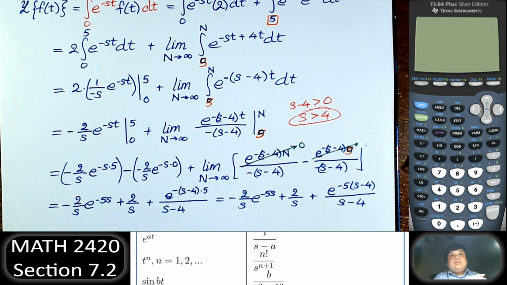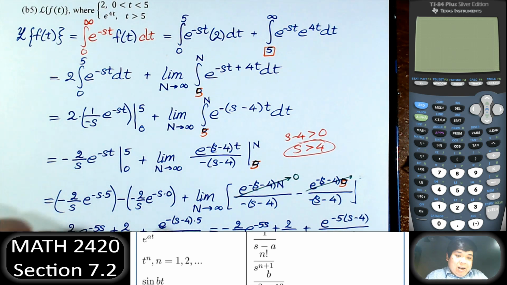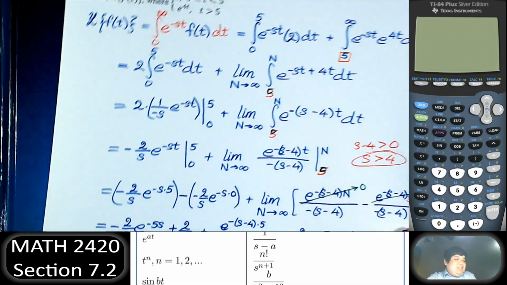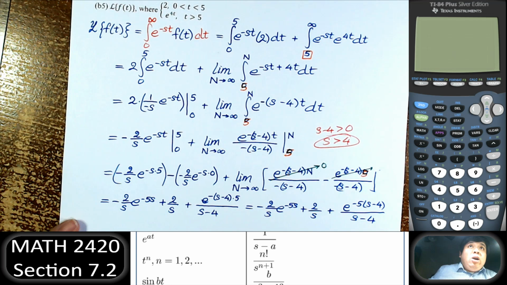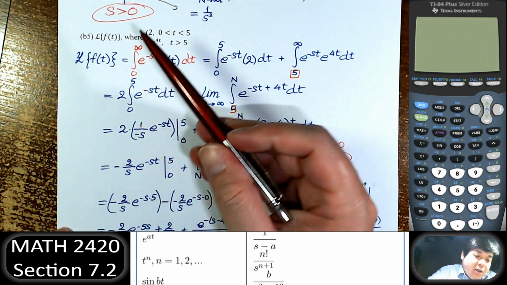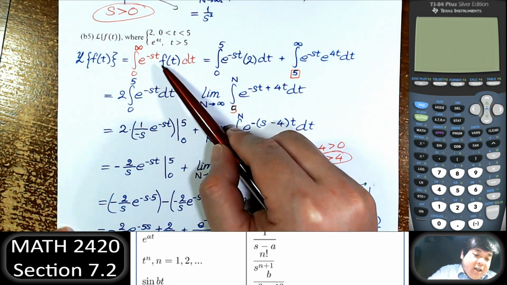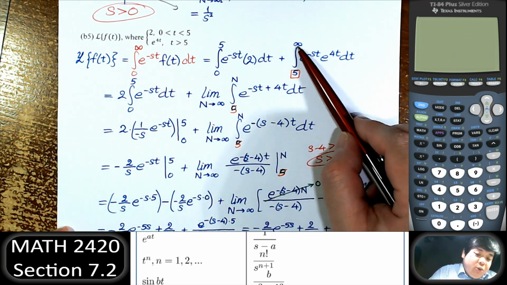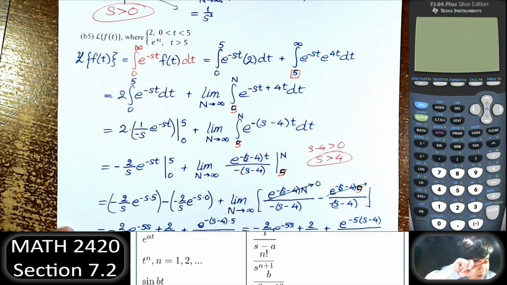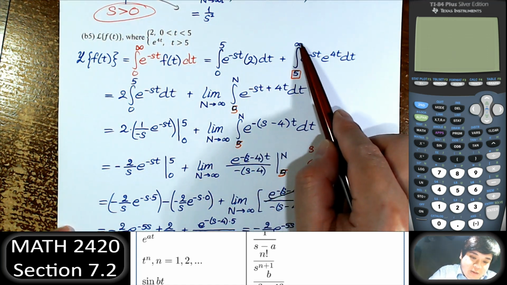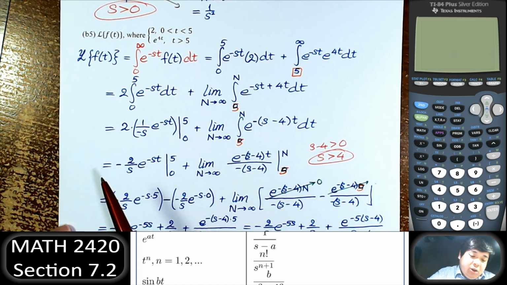Right, now once again, sorry about that. Luckily, it's just the limit that I forgot to substitute. Right, so this is the piecewise function. The integral from 0 to 5 is 2, and from 5 to infinity is something else. So we have to change the limit there, infinity to n for the improper integral.